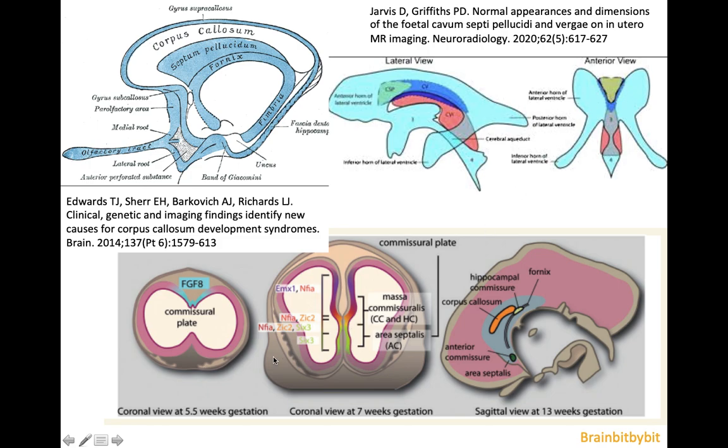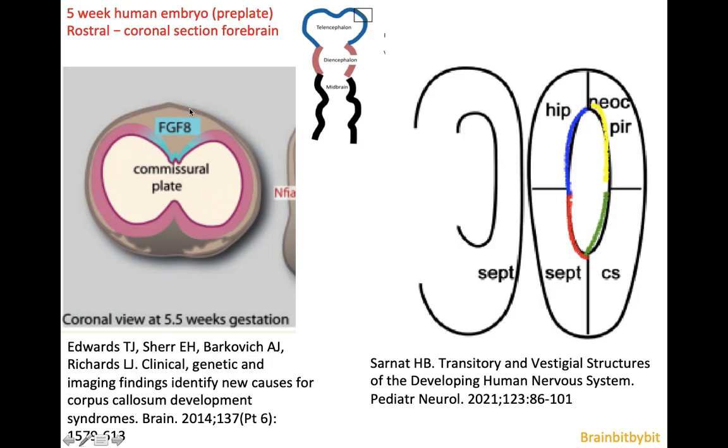And this is an overview of the embryology, and I'm going to cut it down for you because there are some important things in it. So in the 5-week human embryo, so that's really early, so you just have the 2 brain vesicles, and there's the preplate, so you have radial glial cells and neural progenitors lining the ventricle, and 1 layer of neurons on the outside of that.